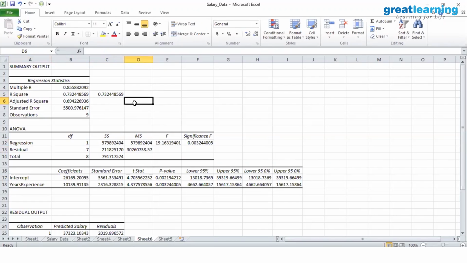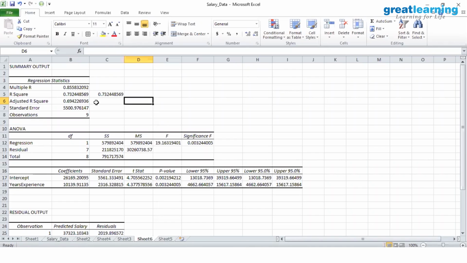What is the adjusted R squared? It is calculated based on the degrees of freedom, the degrees of freedom of regression. So what is the difference between adjusted R squared and R squared? I think it was all explained in the video. It does not consider the non-significant independent variables.